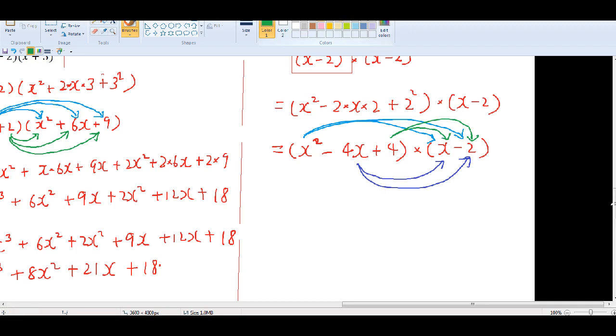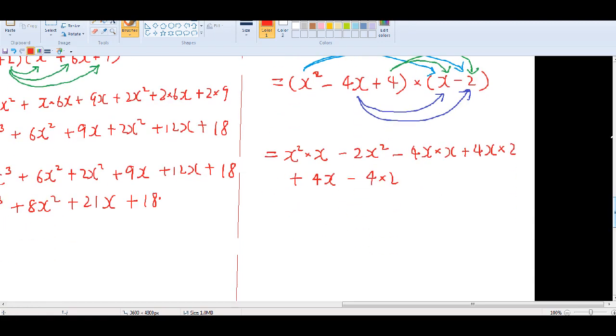Alright, okay, so let's see, what do we have? x squared times x, minus 2x squared, then minus 4x times x, and minus 4x times minus 2 becomes positive, and plus 4 times x, minus, because plus times minus.